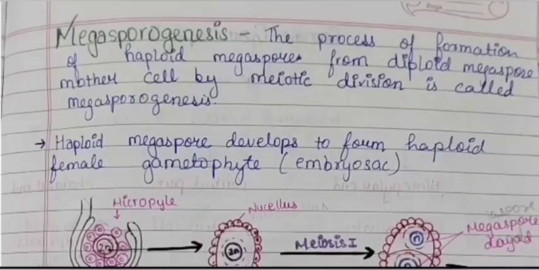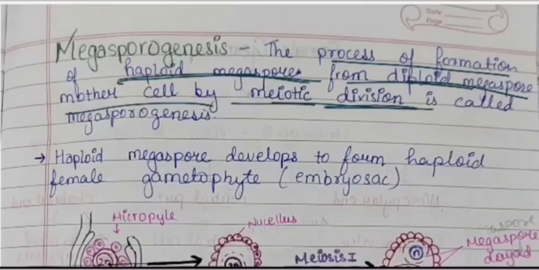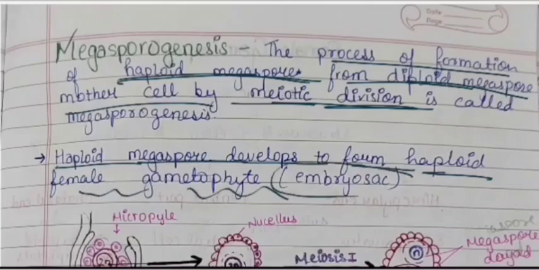Now we will talk about megasporogenesis, which is the process of formation of haploid megaspores from the diploid megaspore mother cell by meiotic division. Okay, the haploid megaspore develops to form the haploid female gametophyte, that is the embryo sac.